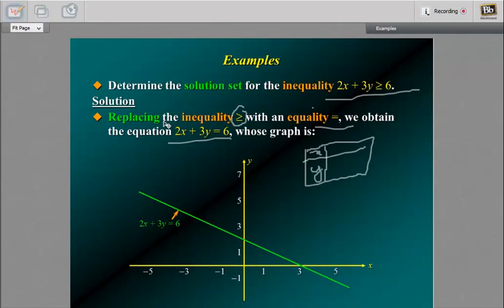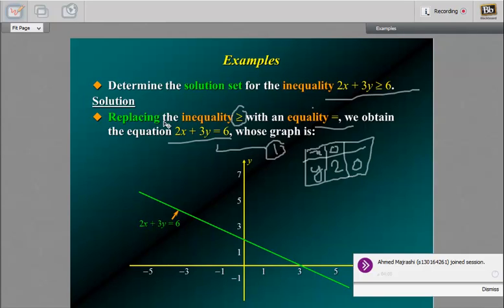After that, first of all we will put x is equal to 0 in equation number 1. If we put x is equal to 0 in equation number 1, what is the value of y? The value of y will be 2. Yes, you are right. Similarly, if we put y is equal to 0 in equation number 1, the value of x will be 3.